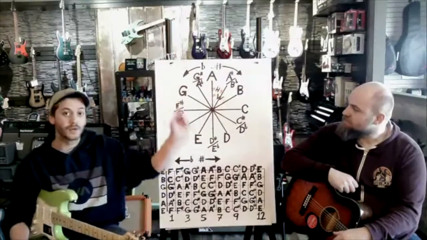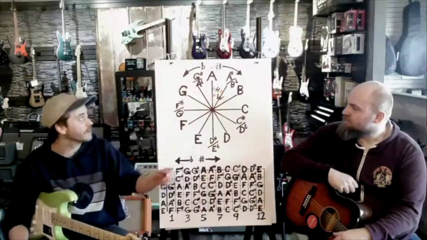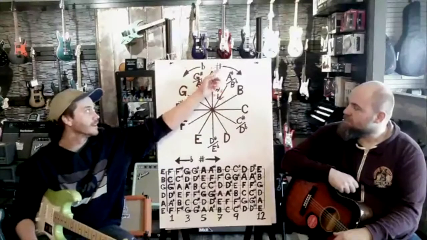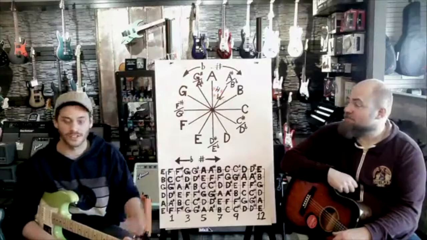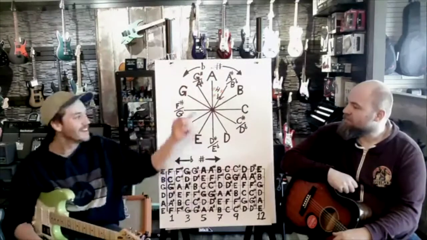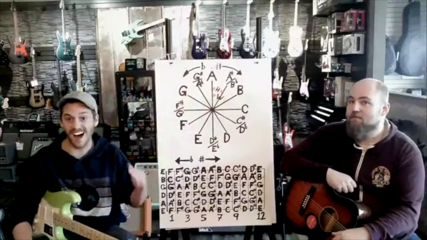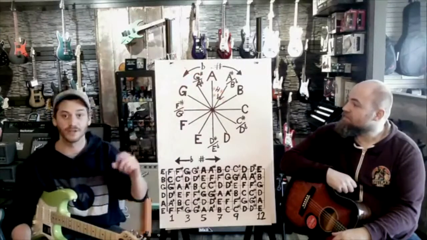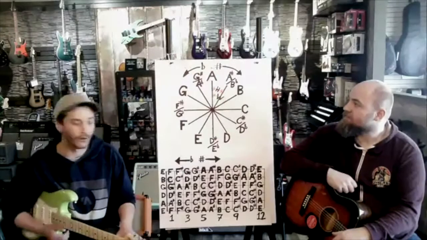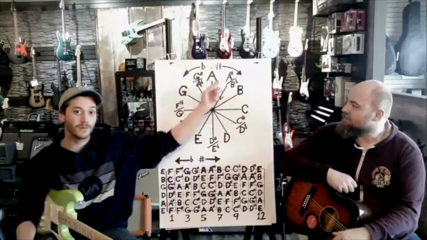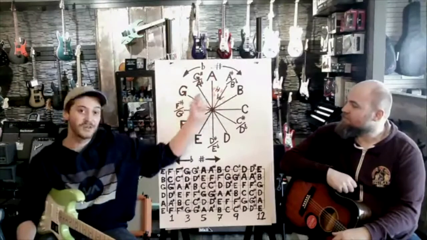Then in between our whole notes, we have some half notes. So you can see up here, we have our little sharp symbol, which some of you have seen on your phone. It's a hashtag, like tic-tac-toe. That's sharp, which means high, all right? And then we also have a little b, and that's our flat, which for our purposes means low. So in between our A and our B note, we have a half note, and it has two names.